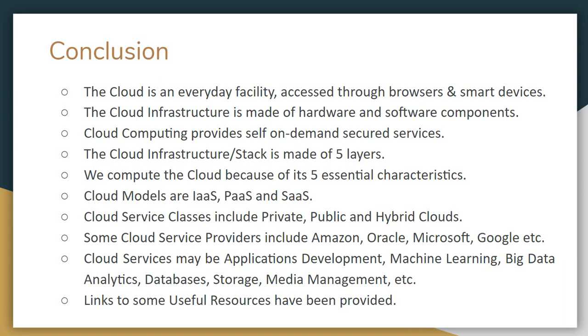And then we've also shown that cloud computing provides self-service, on-demand, secured services to users, aside from other functionalities you expect a cloud service to offer. The cloud infrastructure stack is made up of 5 layers, which we have presented. We've also tried to answer the question why we compute the cloud, and that it is done because of its 5 essential characteristics.